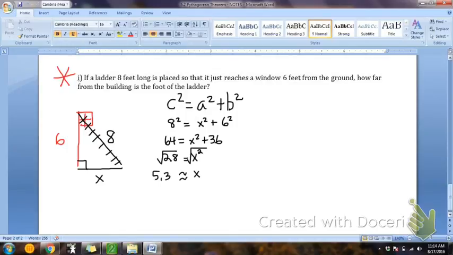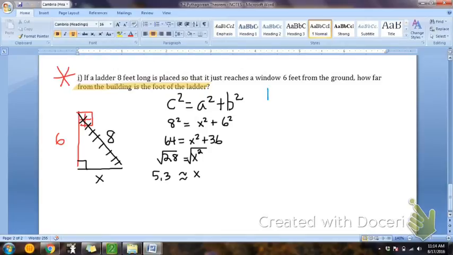5.3. Okay, so then if we're going to write our sentence, remember we're going to look at the last part of the question. How far from the building is the foot of the ladder? The foot of the ladder is 5.3 feet. Say that a little bit louder. The foot of the ladder is 5.3 feet away from the building.